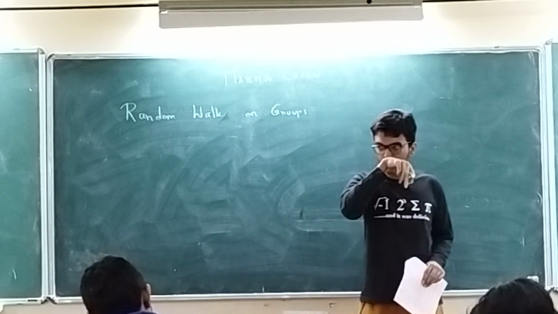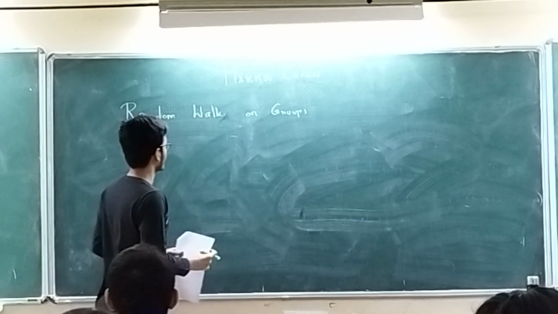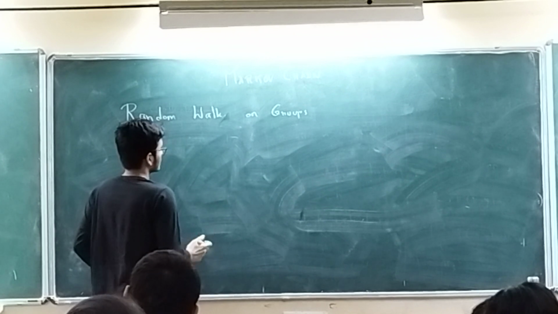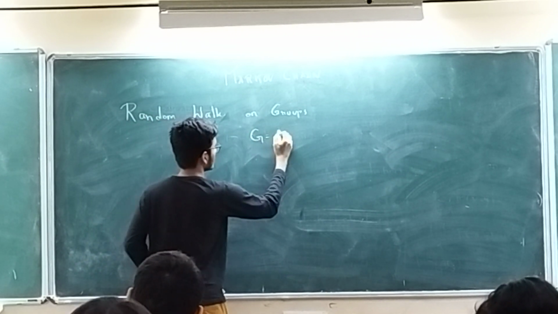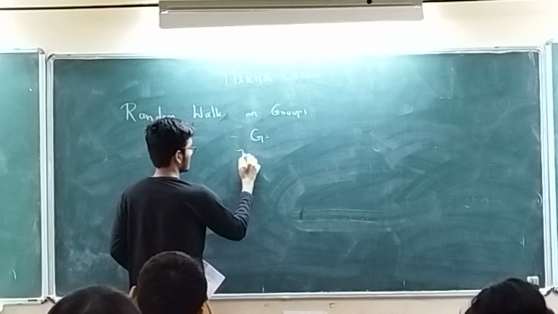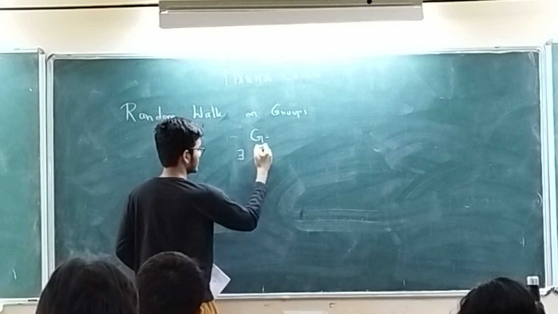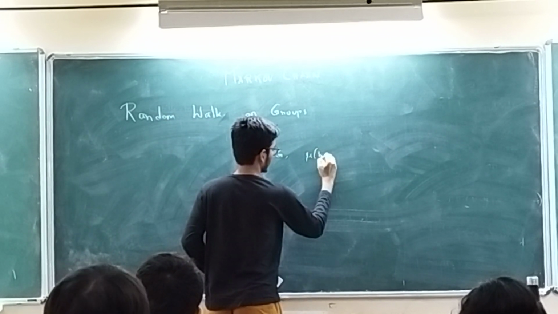Okay, so does everyone know what a group is? Most probably yes, so I'm not going to define it. Let's say I have a group G, and I take an element from G, let's say H, and I assign a probability to it.